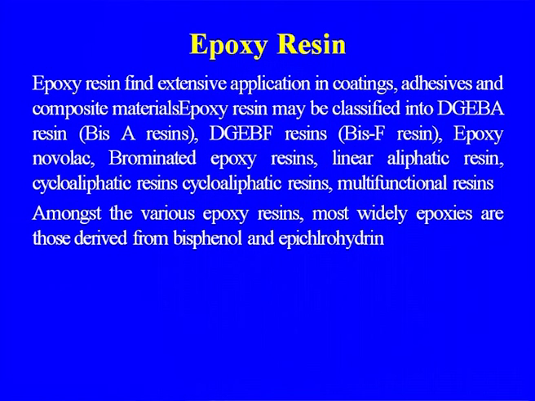Epoxy resins may be classified into various trade names that have been given: DGBA resin, DGBF resin, BCF resin, epoxy novolac, brominated epoxy resin, linear aliphatic resin, cycloaliphatic resin and the multifunctional resin. Among the various epoxy resins, the most widely used epoxies are those derived from phenol and epichlorohydrin.